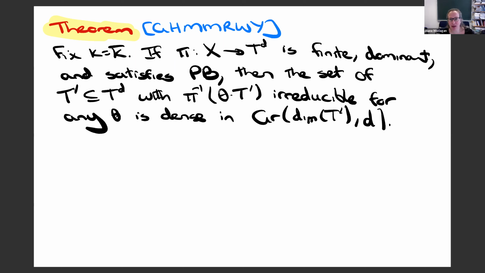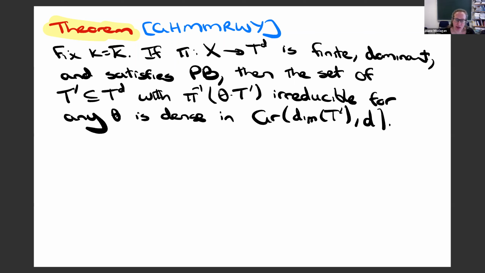What do I mean by dense in a Grassmannian? A subtorus of a torus is given by discrete data: essentially a sublattice of its character lattice. I think of that sublattice as spanning a rational subspace of Q to the d, so I can think of it as a point in that Grassmannian. What I'm saying is that the set of these subtori is dense in this Grassmannian.